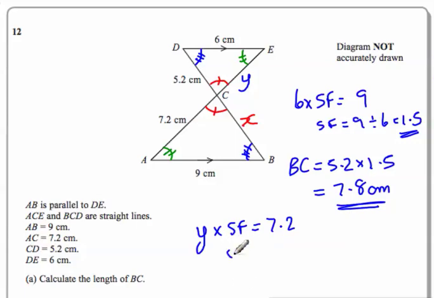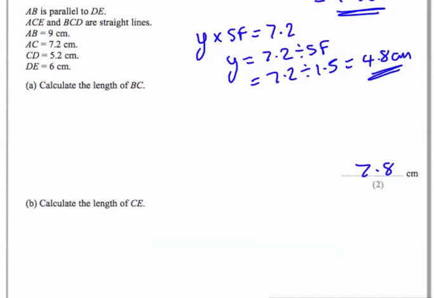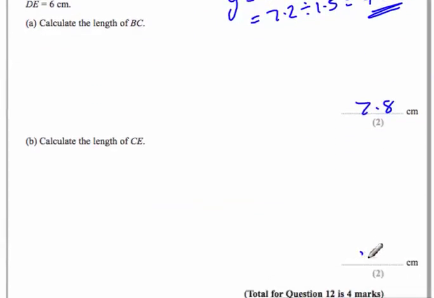So Y must be 7.2 divided by the scale factor, which is 7.2 divided by 1.5. That gives me 4.8. 4.8 centimetres. Okay, so I shall put that one in there.